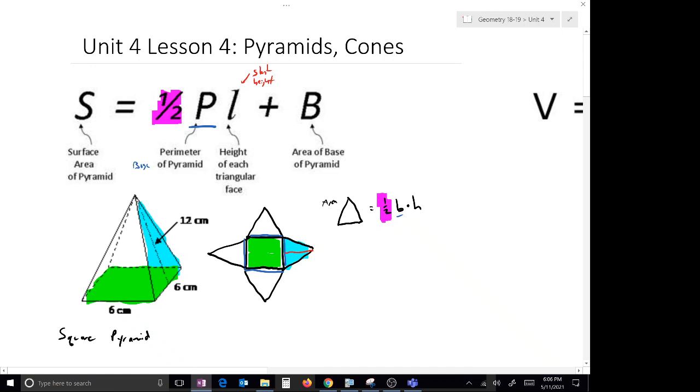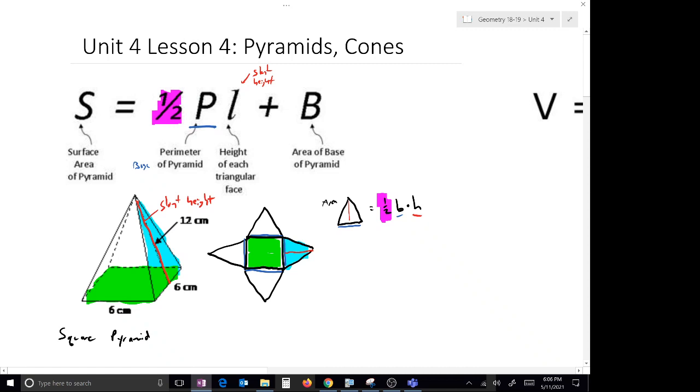And then the height of our triangle. The height of our triangle is not the same as the height of our pyramid. The height of our lateral triangle slides down the side of the pyramid, and we call this a slant height. We'll talk about the actual height of a pyramid when we calculate volume. It's different. It goes straight down the middle of our pyramid.